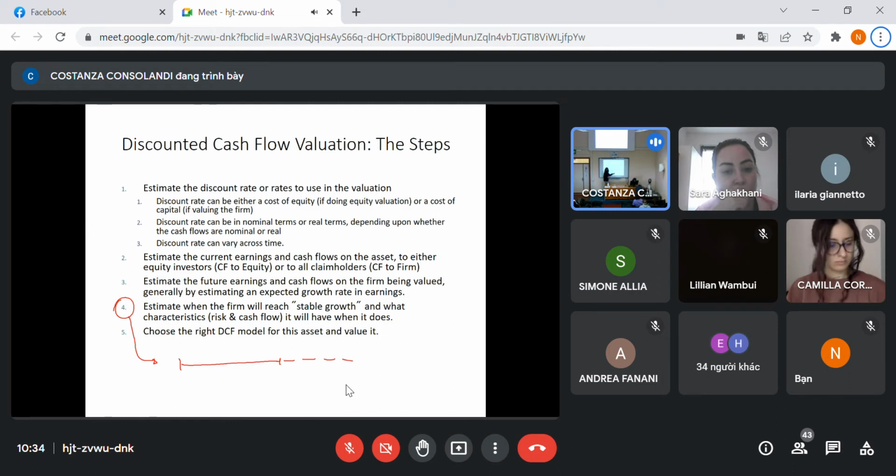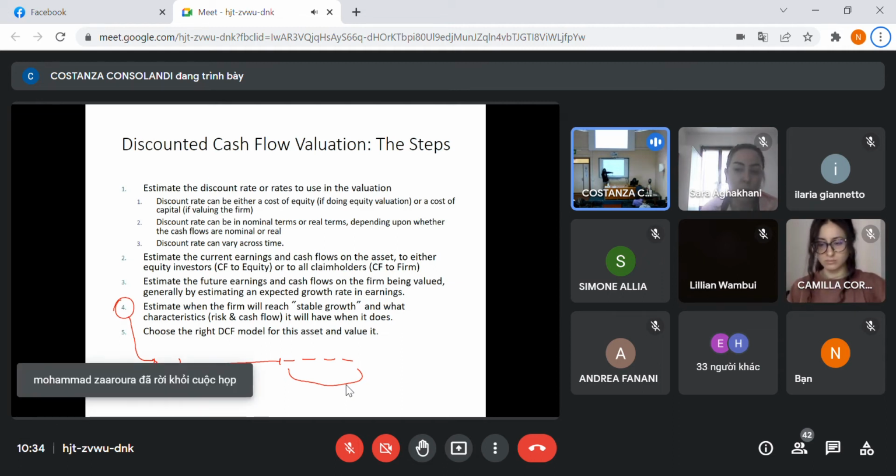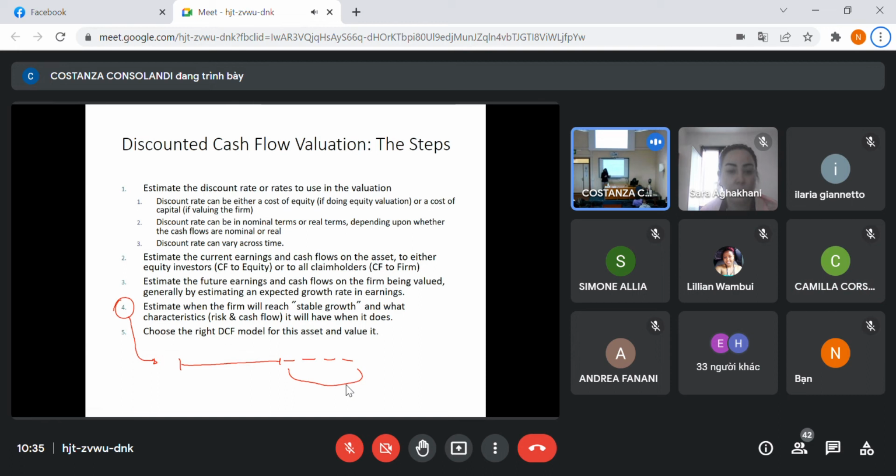It's not dotted, but this is a moment where the last point of the detailed analysis is the point where we assume that from then the company is in stable growth, okay?